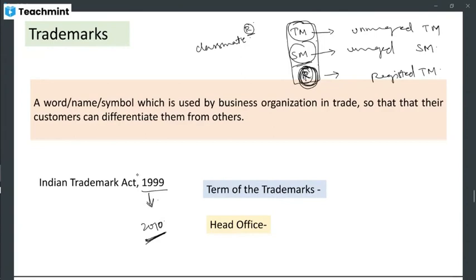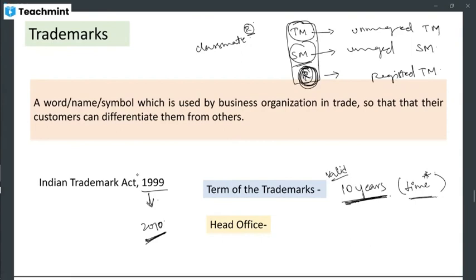So what is the term of the trademark? For how many years can a particular company use a particular trademark? If a business organization has registered a trademark in India, it is valid for 10 years, and it can be renewed from time to time.